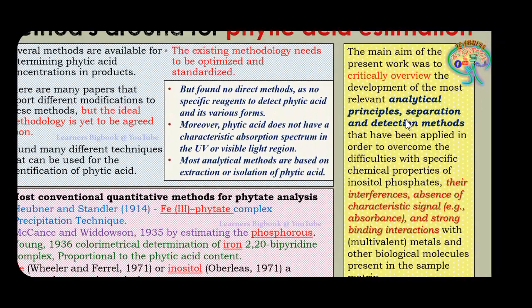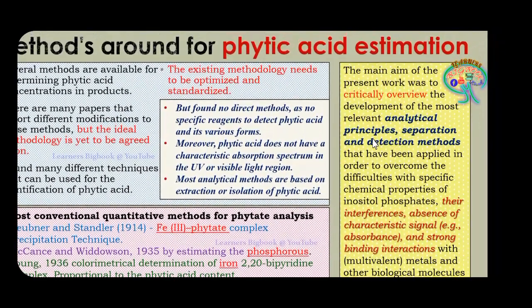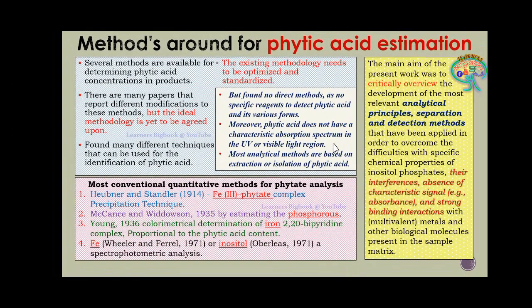So here, the experiment is showing no promise of being a direct method to estimate the phytic acid, but apart from that, the experiments are good to estimate the phosphorus present within the phytate, and estimating that to estimate the phytate or the inositol.